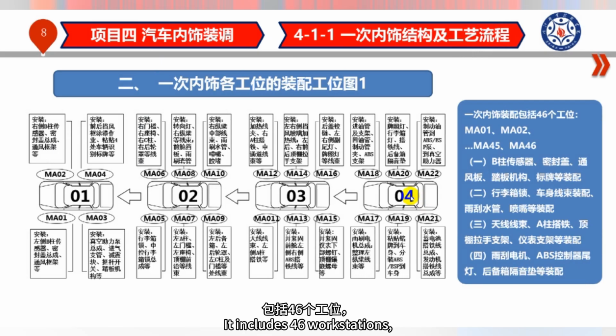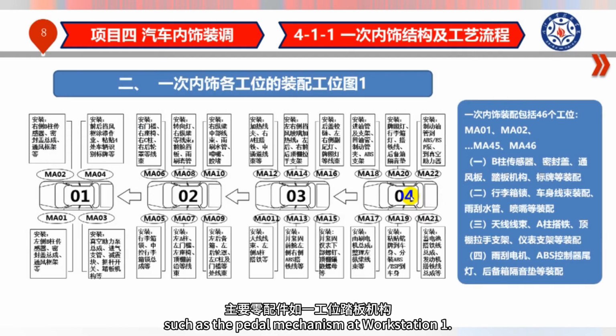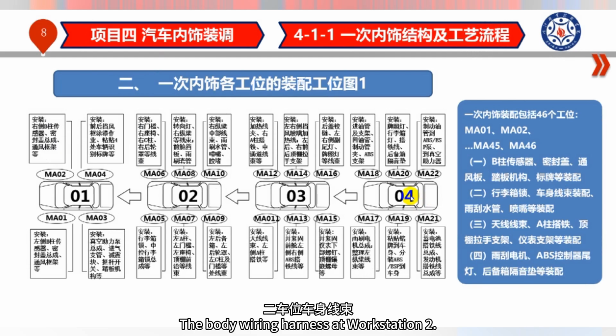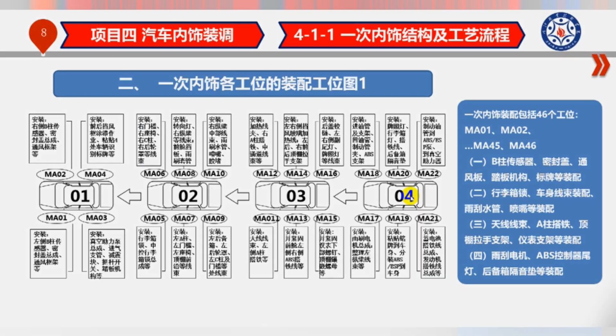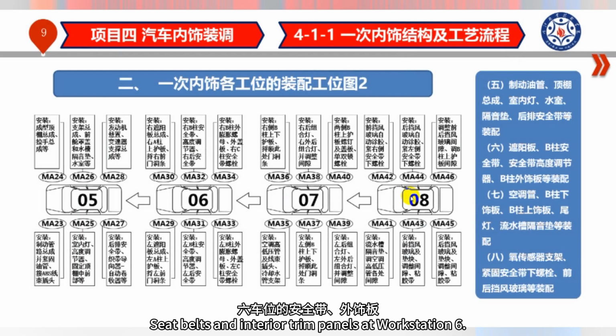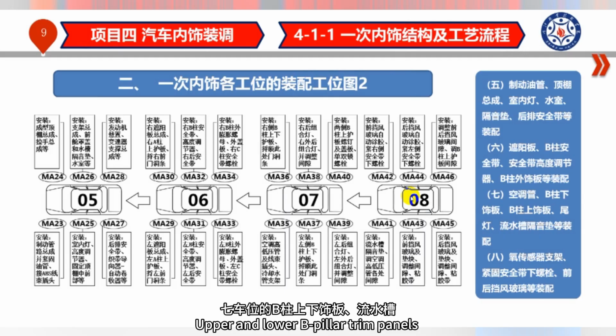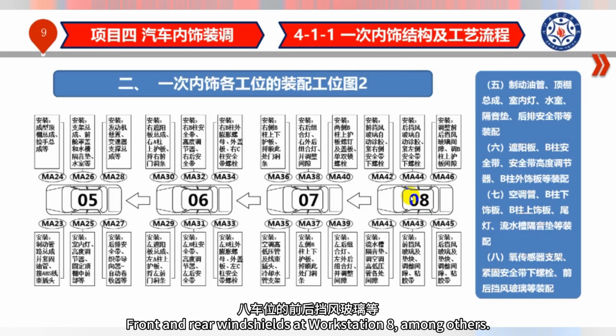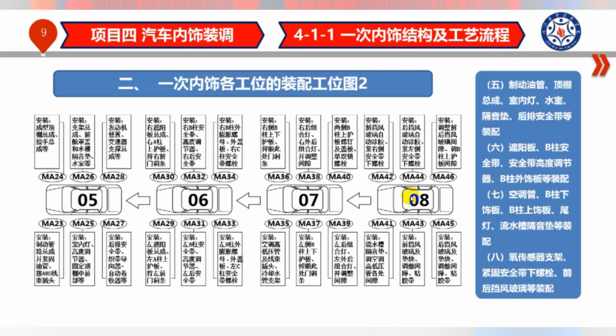It includes 46 workstations, with key components such as the pedal mechanism at workstation 1, the body wiring harness at workstation 2, the headliner grab handles at workstation 3, the windshield wiper motor and related components at workstation 4, the headliner assembly at workstation 5, seat belts and interior trim panels at workstation 6, upper and lower B-pillar trim panels and the drain channel at workstation 7, front and rear windshields at workstation 8, among others.